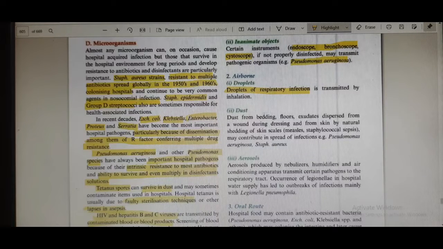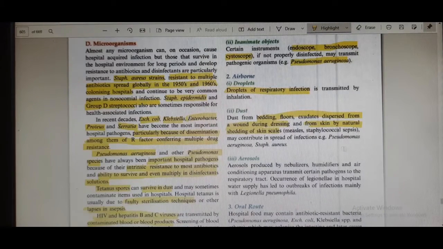Then there is dust from the bedding or the floors, or the exudate dispersed from the wound during dressing, and from skin by natural shedding of skin scales. In the case of measles and staphylococcal sepsis, these might contribute to the infection.